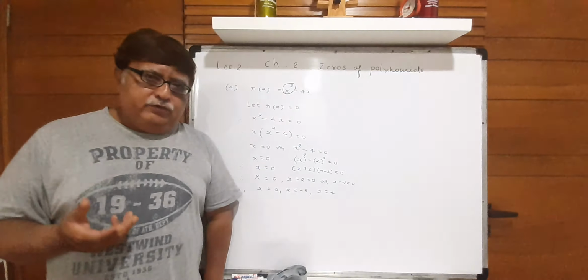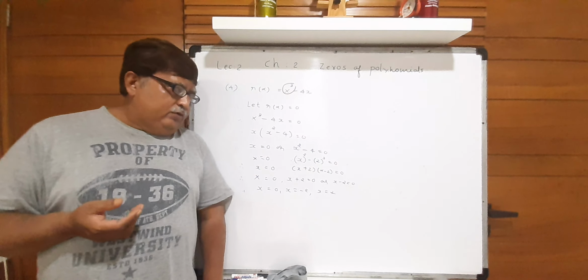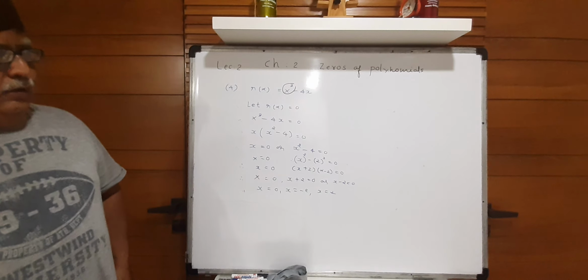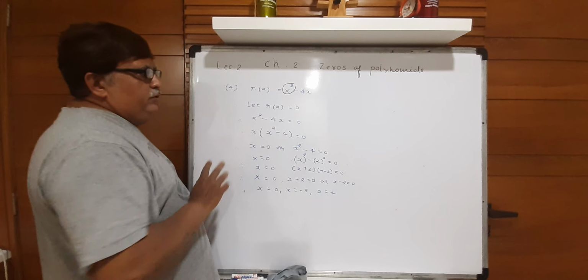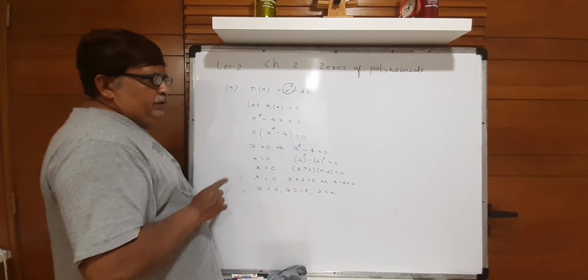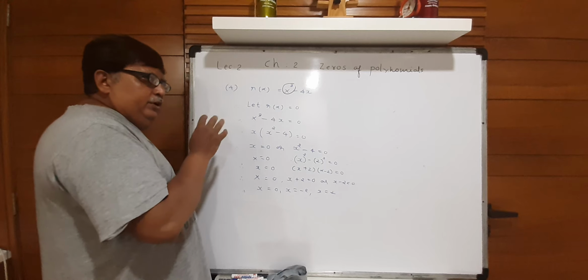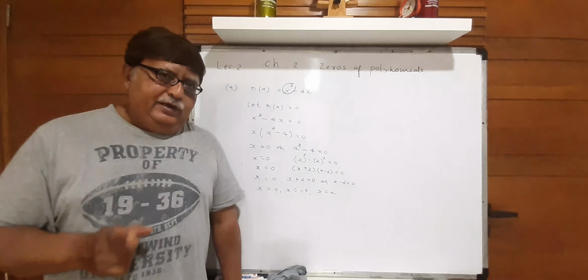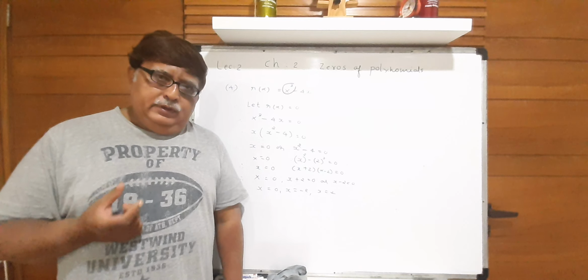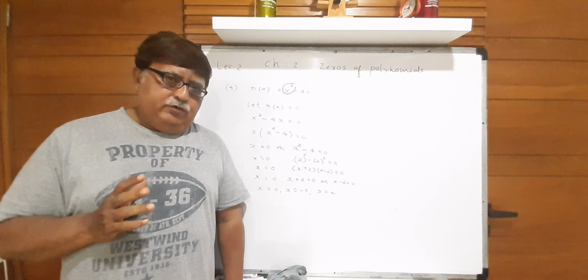Regarding zeros and other examples, that we'll solve later. Understood? So suppose any polynomial you are given of this type, it can be factorized in this way, right? So you need to understand whenever you are asked in exam, as per the board pattern, in 2 marks, where you have to find zeros of a polynomial.